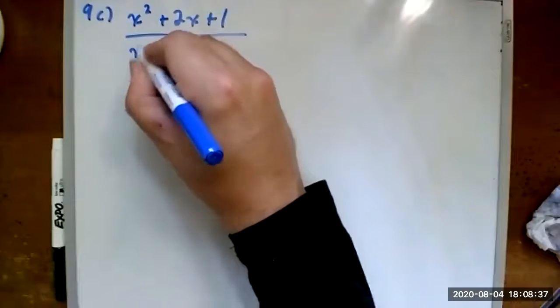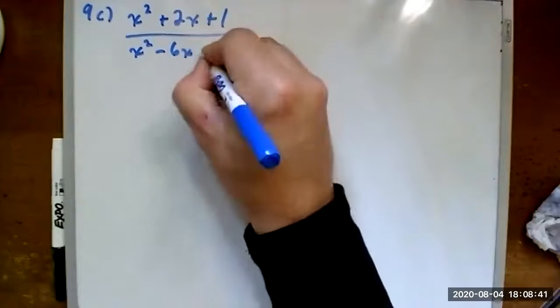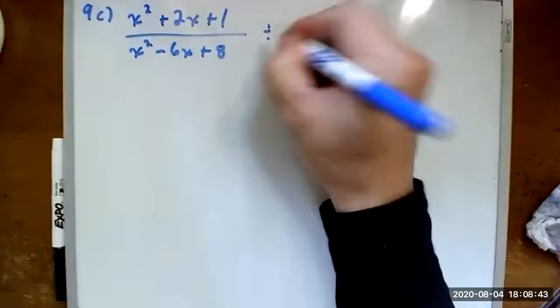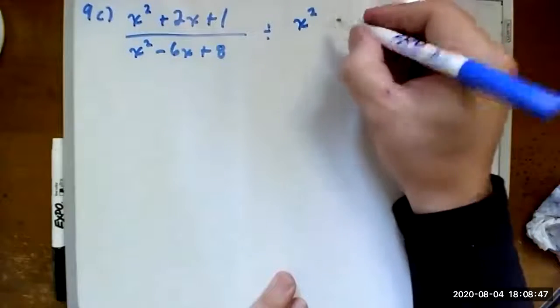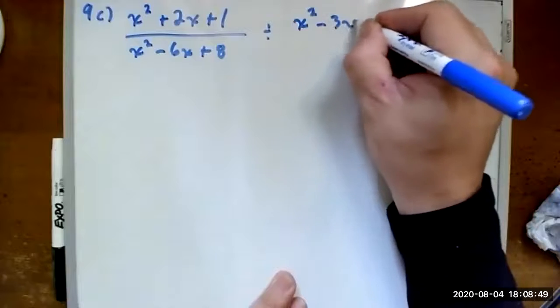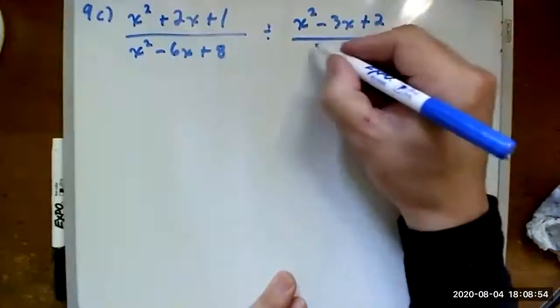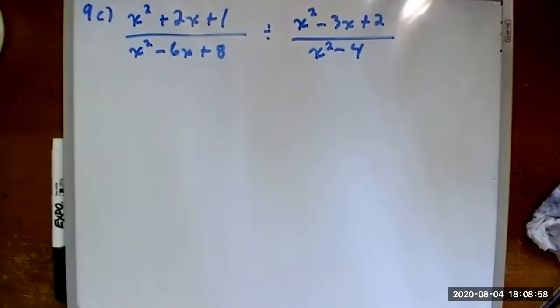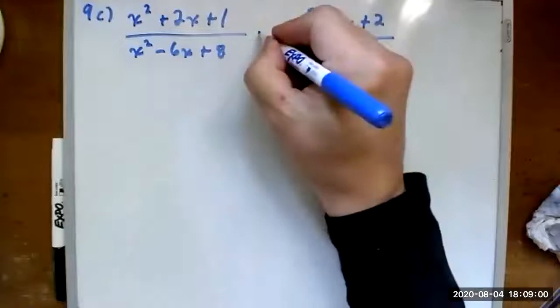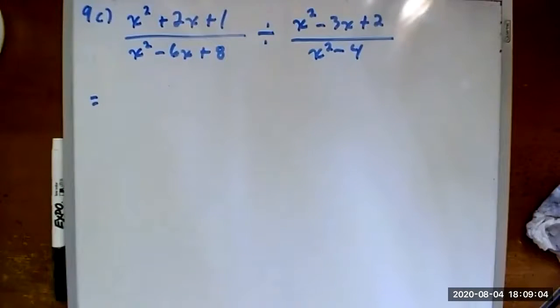It asks us for x squared plus 2x plus 1 all over x squared minus 6x plus 8, divided by x squared minus 3x plus 2 all over x squared minus 4.